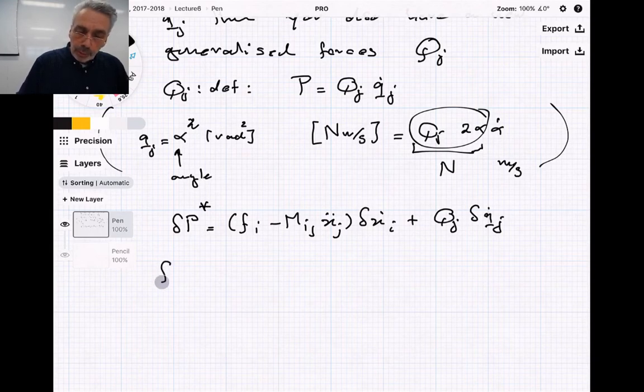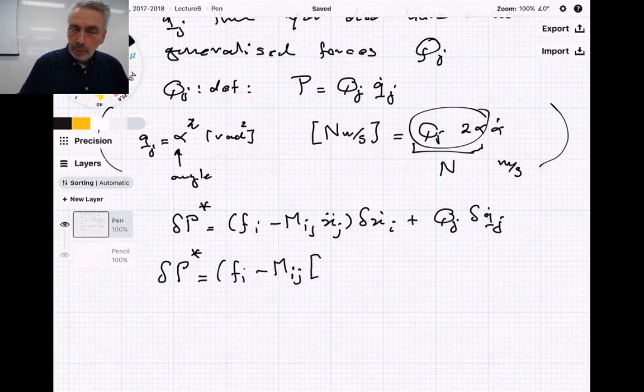So first, then we continue. So our delta p star is Mij, and here we get for our x double dot our Ti k, or whatever, doesn't matter.